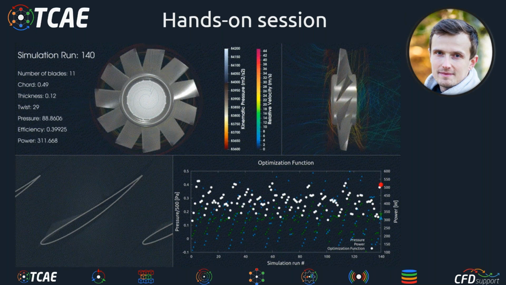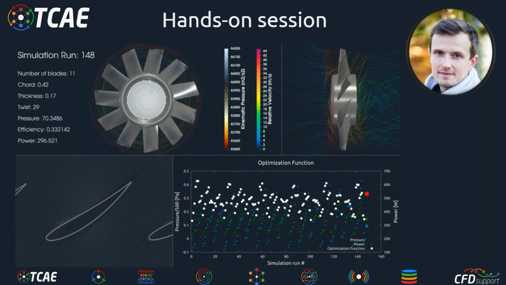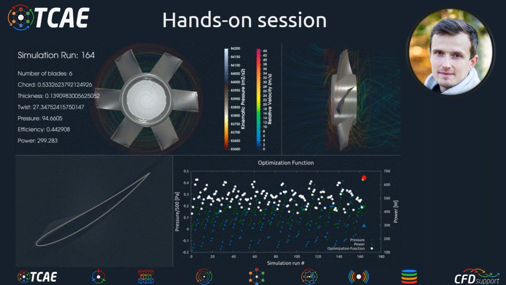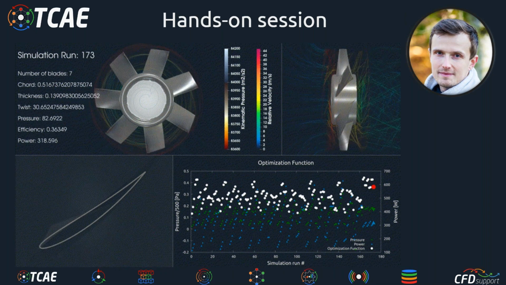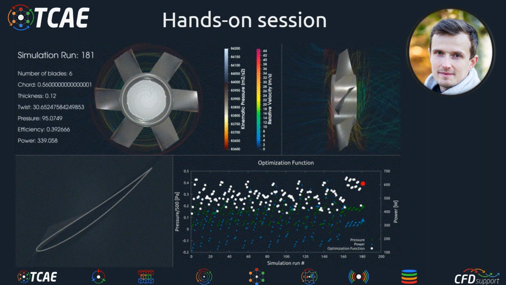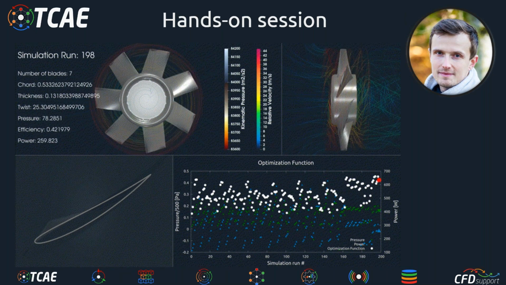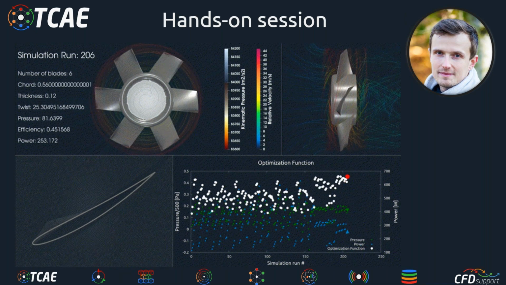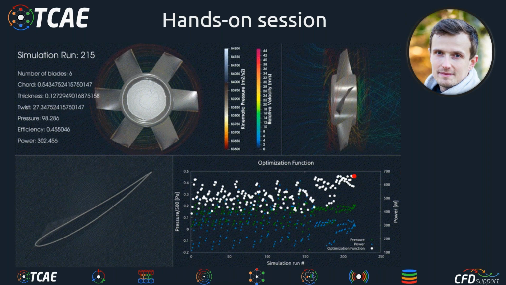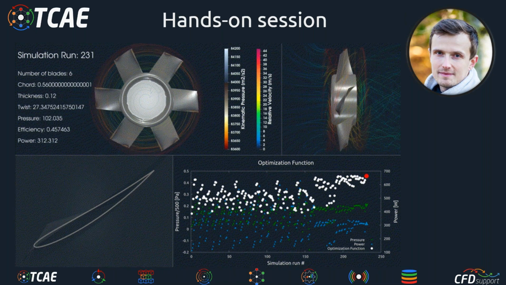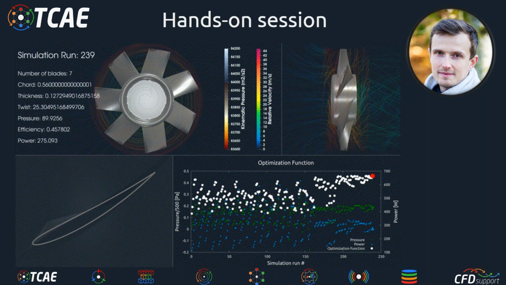You can say, okay, I'm interested in an objective function which is 40% efficiency, 20% and 40% power or pressure, or whatever it can be. It can be the fan damage. It can be really anything. It can be a very complex formula, by the way. So it's not just the efficiency.